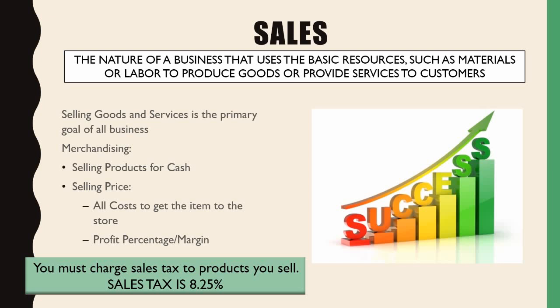You don't ever pay anything out of your own pocket to get those items to your store, right? Those are not separate costs that you have to incur just to operate your business, right? You're going to include that in the cost of the inventory item itself, okay? You're going to make the customer pay and cover that cost.